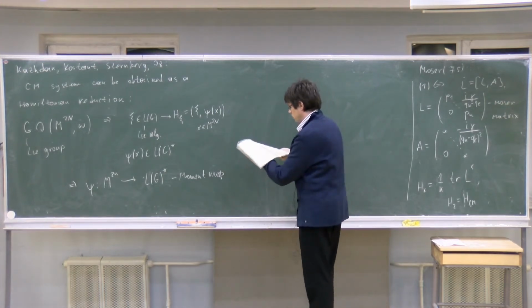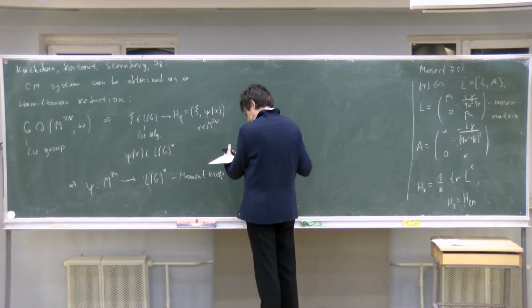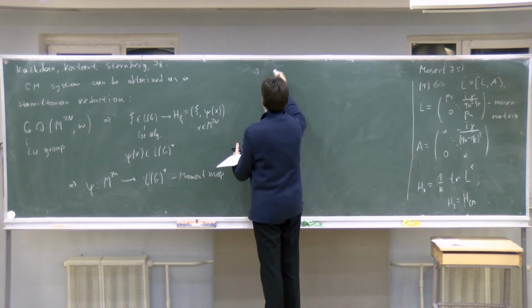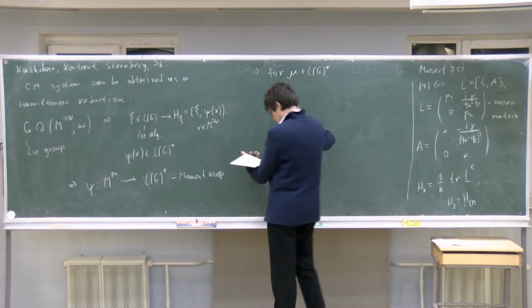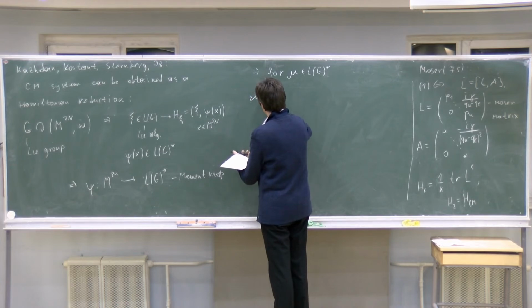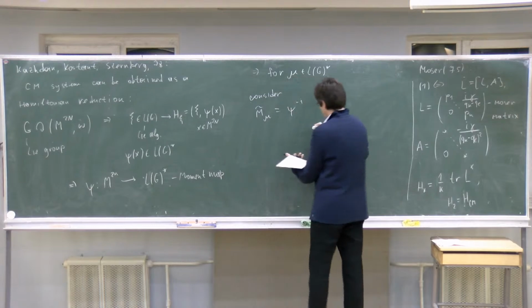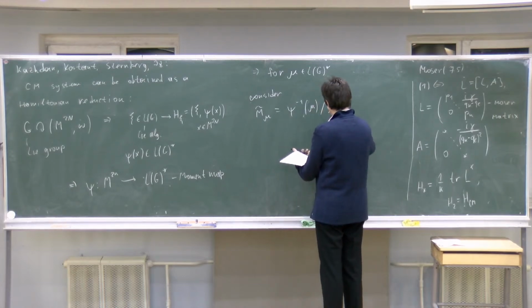Then, for mu in L of G star, we consider the manifold M mu tilde, which is just the factor manifold of the pre-image of mu modulo the stabilizer subgroup of mu.